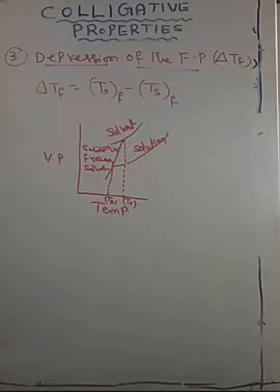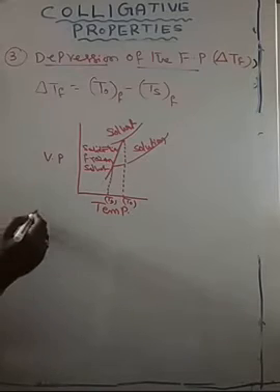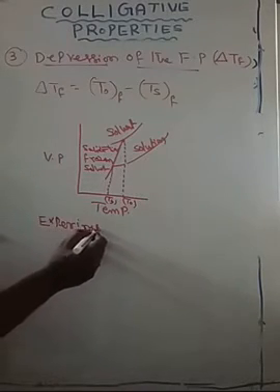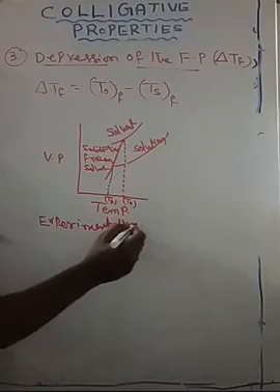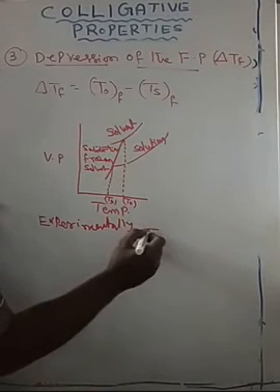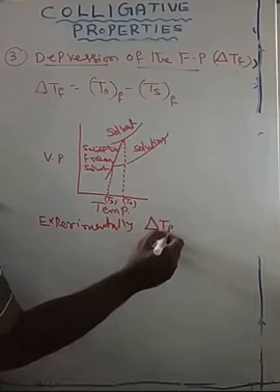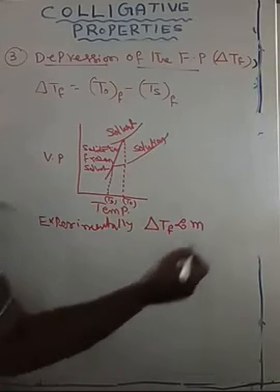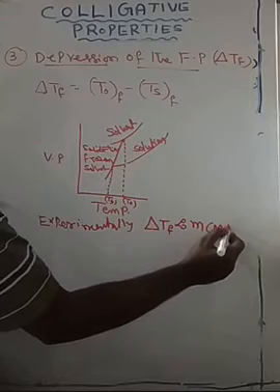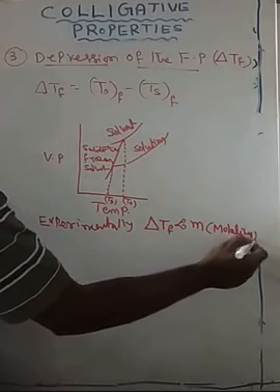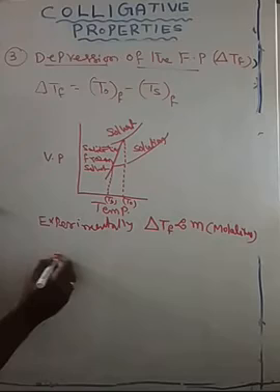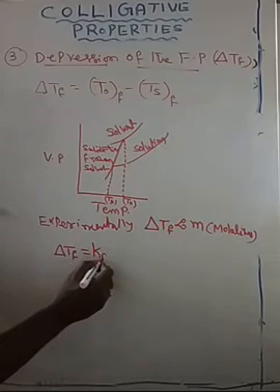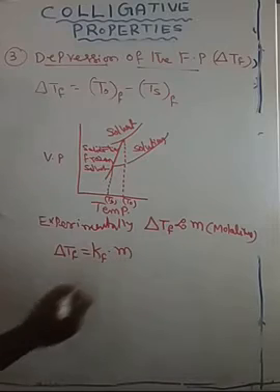Now mathematically, it is also found experimentally that delta Tf is proportional to m. m is called molality. Therefore, the expression is delta Tf is equal to Kf into m.